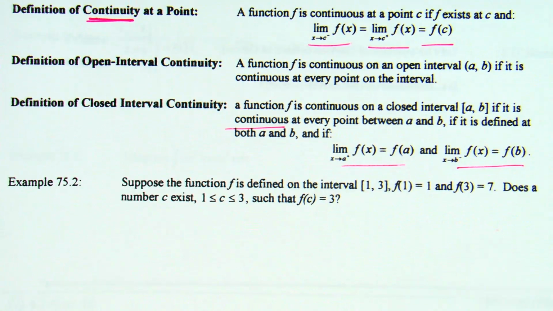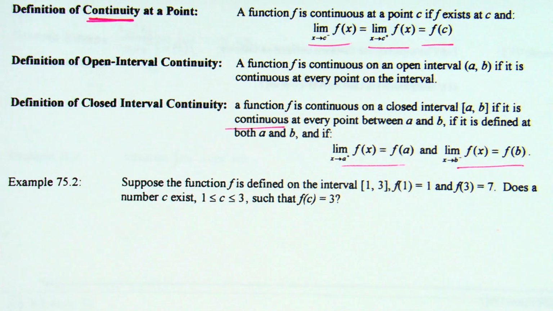Does a number c exist such that 1 is less than c is less than 3, so such that c is between 1 and 3, such that f of c equals 3? So we're thinking intermediate value theorem, right? That's what this is trying to talk about.